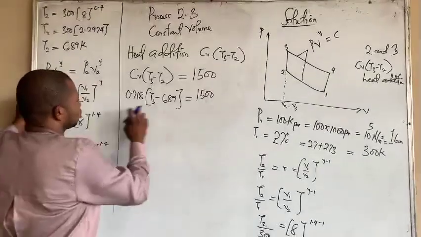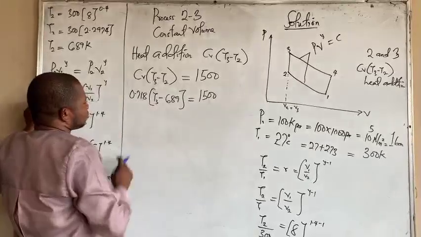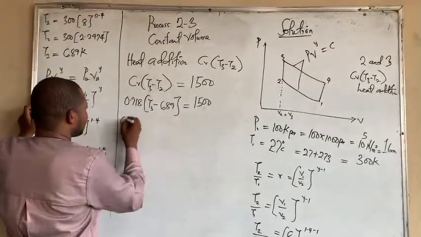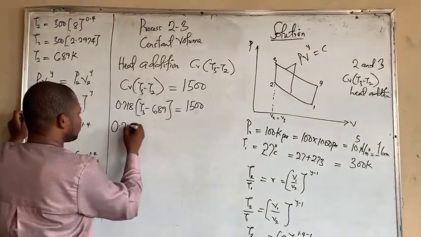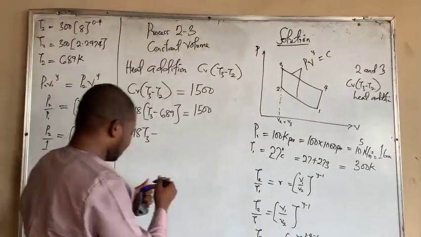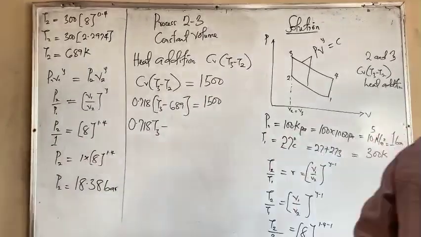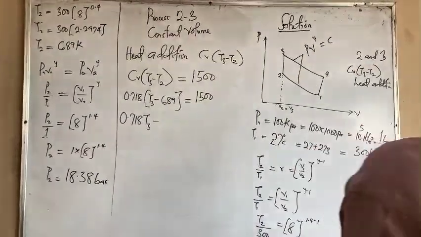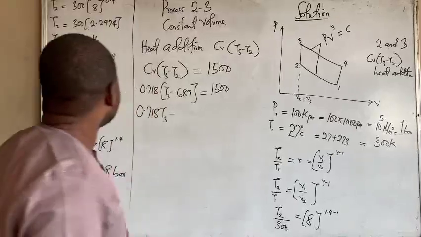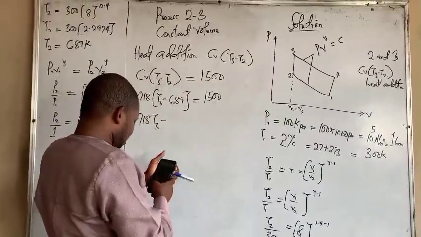Now multiply this out: this multiplied by this gives 0.718 T3, minus this multiplied by this, which will give, I think, 494.5, approximately. Let's check it out.